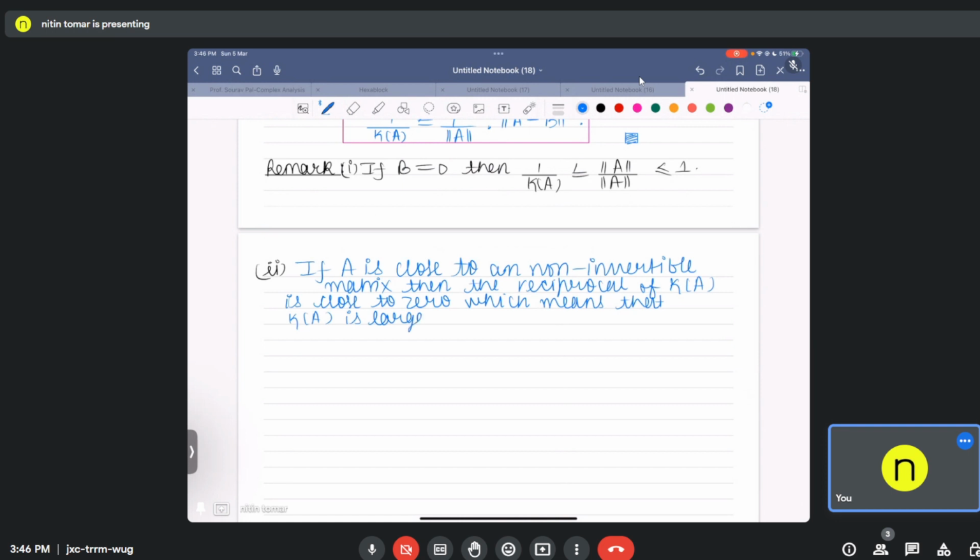Roughly speaking, I meant this. So if A is close to a non-invertible matrix, the condition number is large. Okay, we'll see this via the following example.